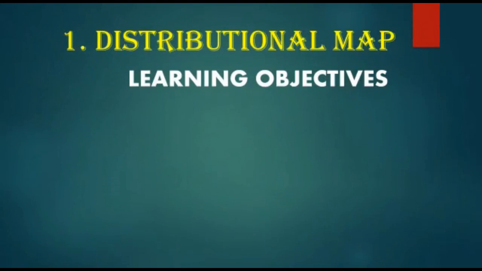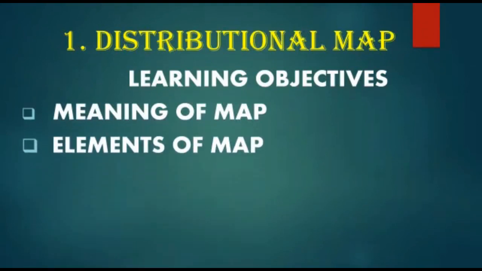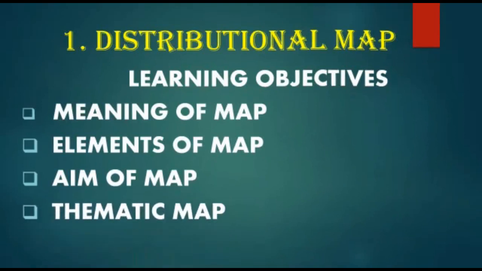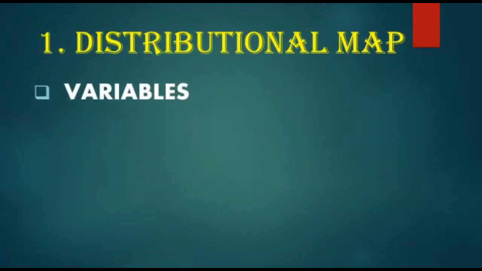Our learning objectives: to understand the meaning of map, different elements of map, the aim of map, and the meaning of thematic map. Also, we will be learning about variables such as rainfall, temperature and population.